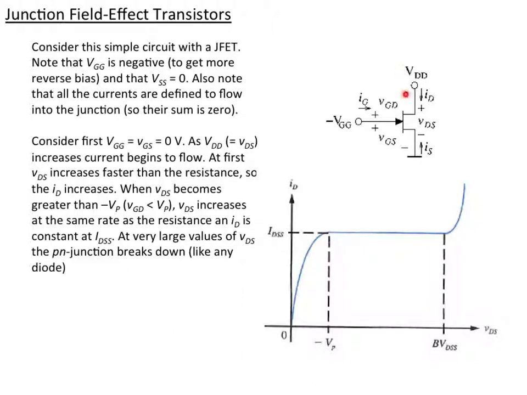So as we increase VDD, we'll get a rising current, and then we'll start to pinch off when VDD becomes minus the pinch voltage. In other words, we've reverse biased to the point of the pinch voltage, and from that point on, we get a constant current until we break down the diode and current starts to flow again. Normally we want to stick in this range or in this range and not have it break down.